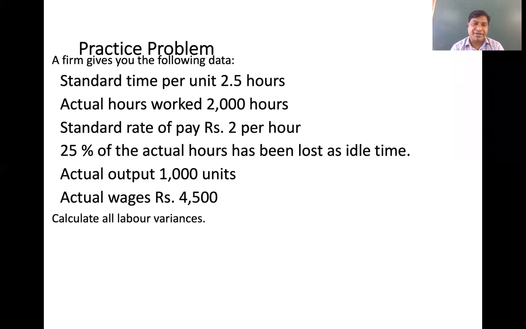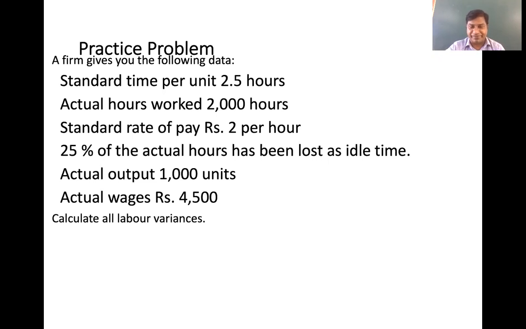Actual output is 1000 units. Actual wages 4500. You are requested to calculate all labor variances. Now look at this.